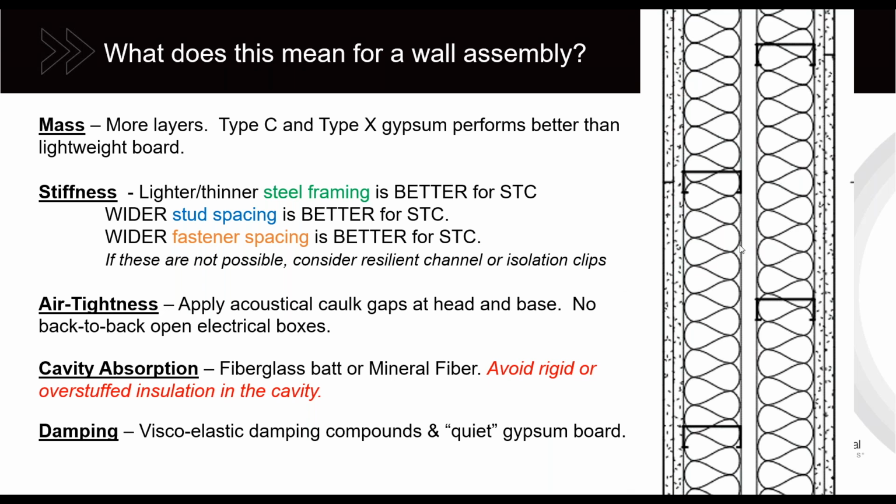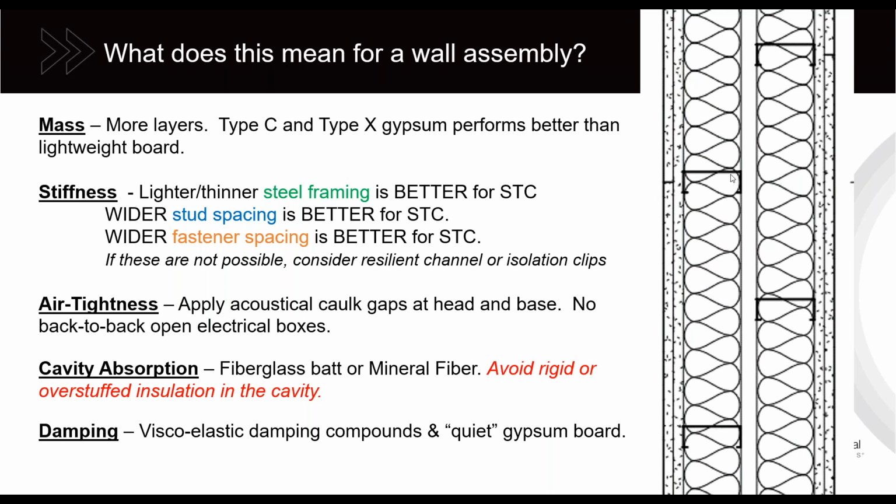And then finally, cavity absorption. We want to make sure that this is not a hollow cavity that will resonate. I have to be careful how I say this one, but the properties we talked about with sound absorbing materials apply in this cavity here.